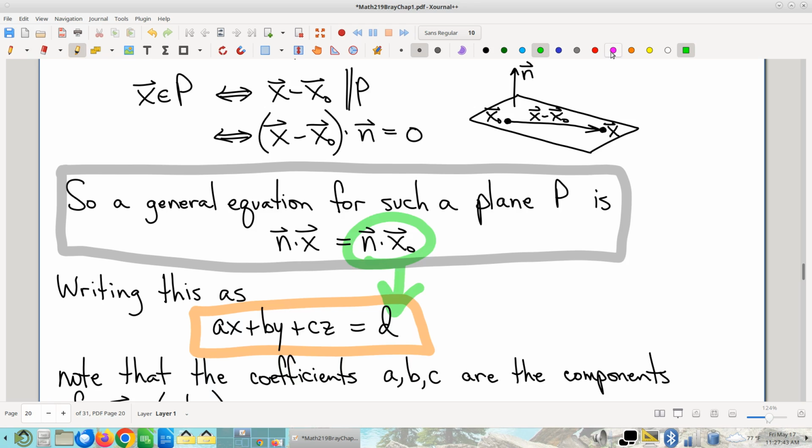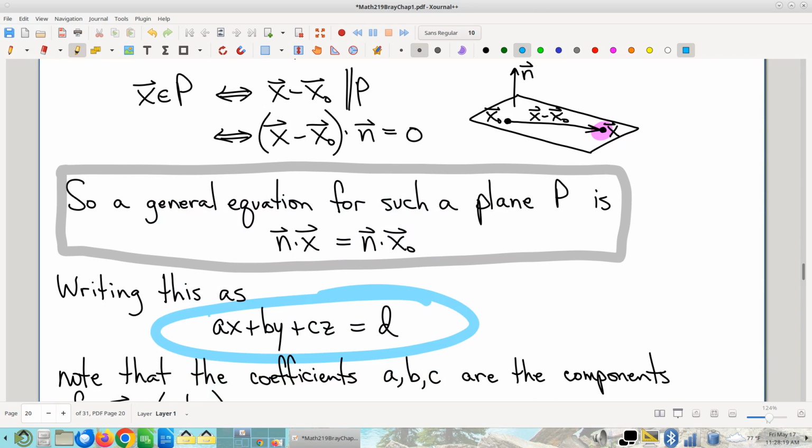And while we do have the variable x, the point that we're testing, whose coordinates are going to be x, y, z, and I don't know what those are, the n is still given, so I can define its coordinates to be a, b, c, for example, and I can rewrite the equation of the plane in coordinate form as I did down here. You'll see this kind of equation very regularly.